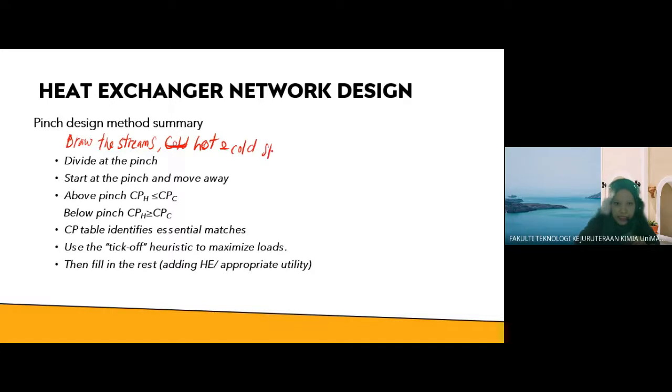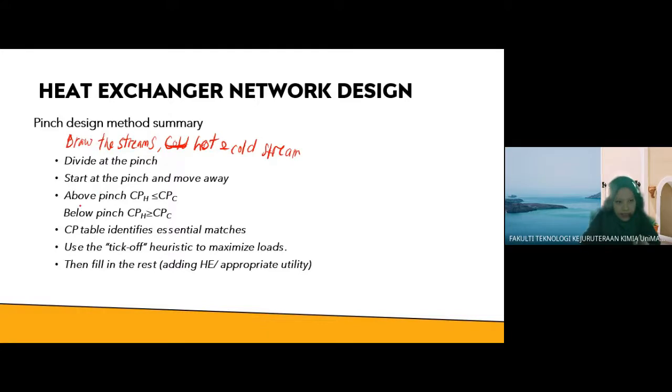And then only you divide at the pinch. So you divide the area above and below the pinch, and then you start at the pinch, meaning that you start placing the heat exchanger from the area near the pinch, and then move away from the pinch.